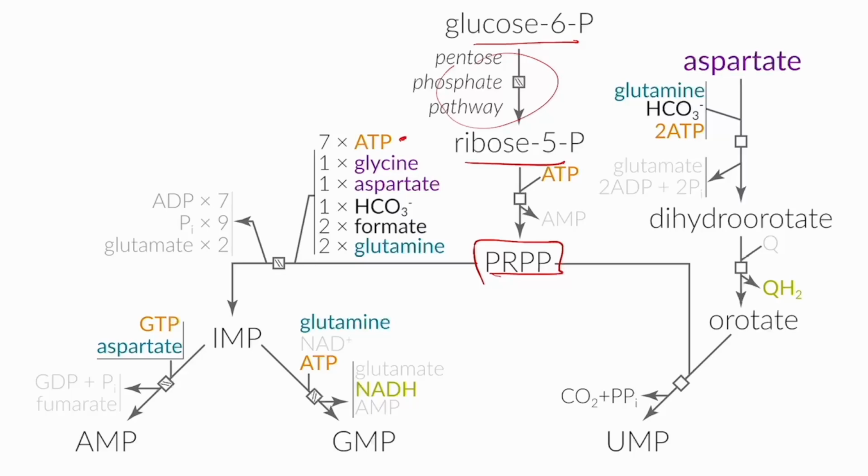We're investing ATPs, amino acids, formates, NADHs, and NAD+, and Q. So there's this big complicated network that's going to lead to these basic outcomes: our uracil monophosphate, our adenosine monophosphate, and our guanosine monophosphate. We're going to dig into those as we go on.